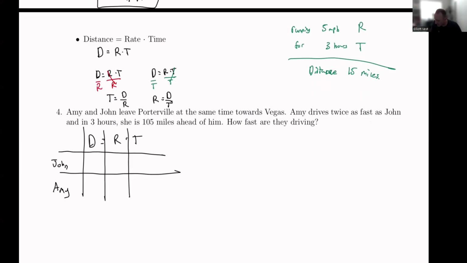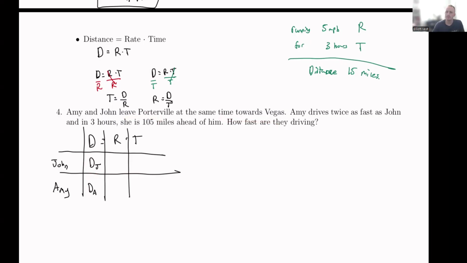I don't see anything that says the distance of each of them. We leave Porterville and we're going to Vegas, right? A little Vegas trip. So I'm just going to leave those as variables. I'll put a little sub j for the distance John goes and sub a for the distance Amy goes.